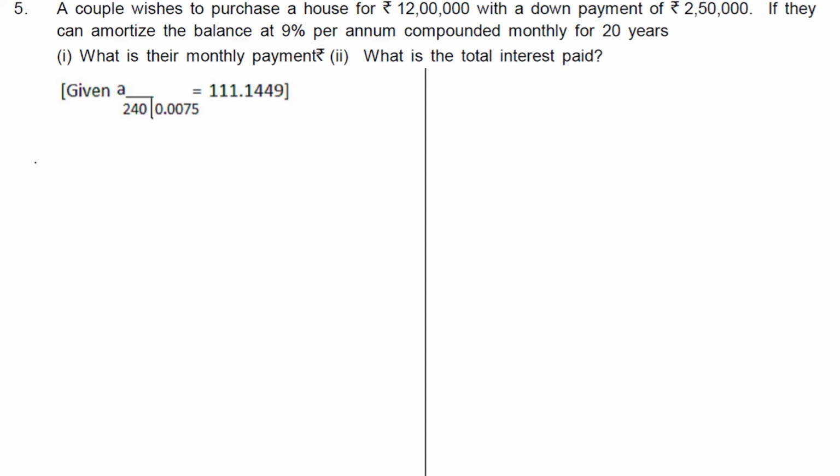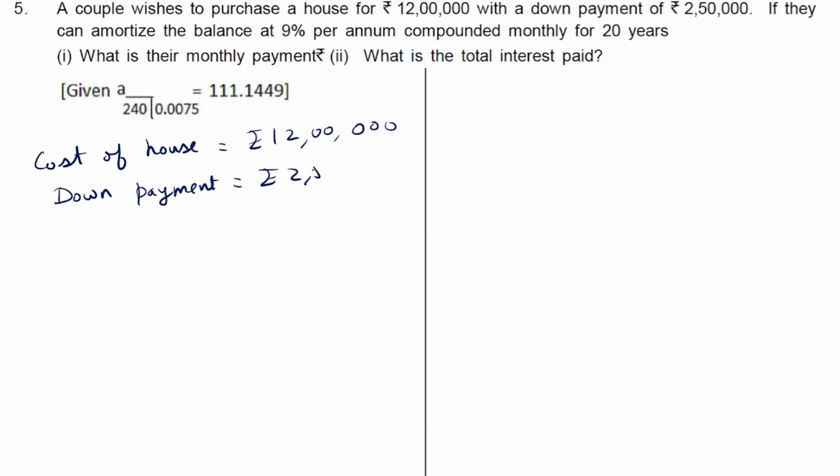So first, here cost of the house is given, rupees 12 lakhs, and then down payment is given, rupees 2,50,000. So the amortized amount will be the difference between these two. 12 lakh minus 2,50,000.